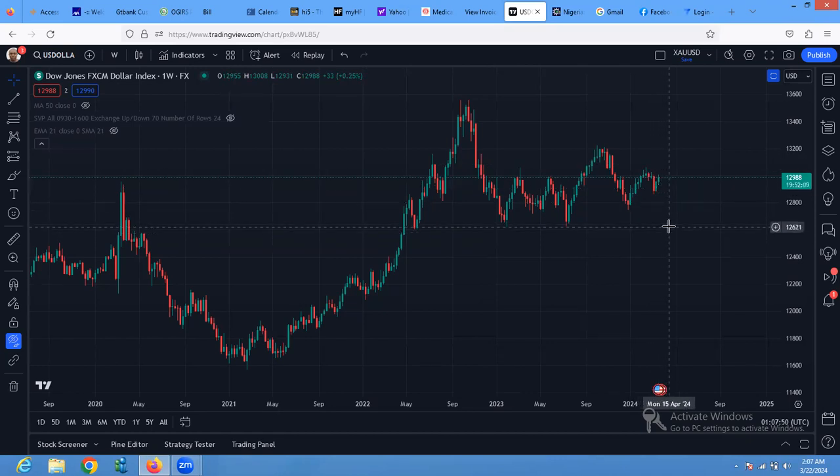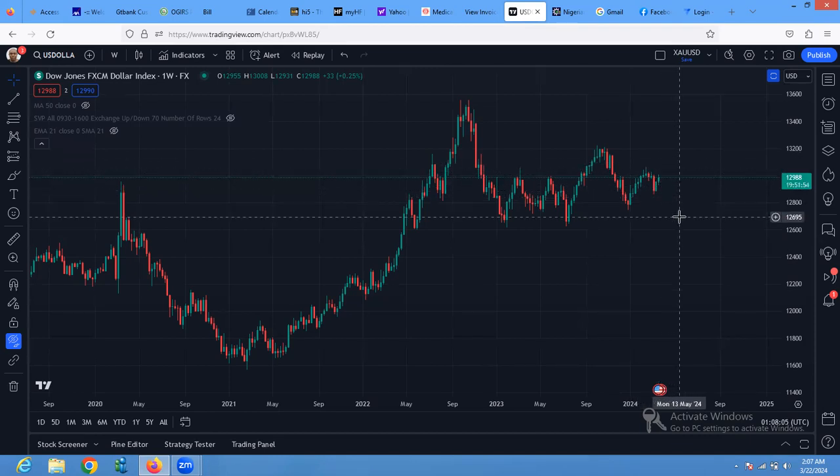Again, we have to be aware that what we are calling for more downside may decide not to go downside for now, and may decide to push more upwards before going downside.